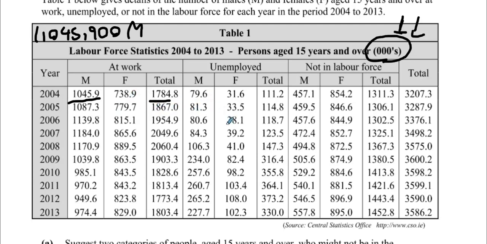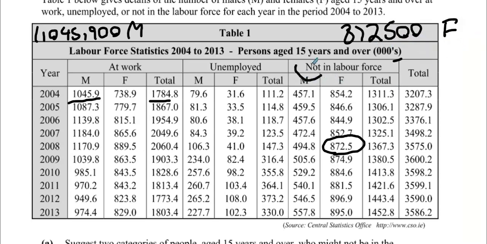If I was to highlight this statistic here, that'd be 872,500 females who are not in the labor force during 2008. So everybody get how to use the table now?